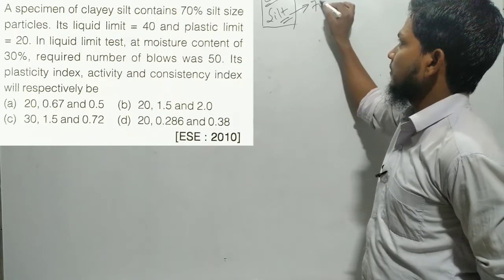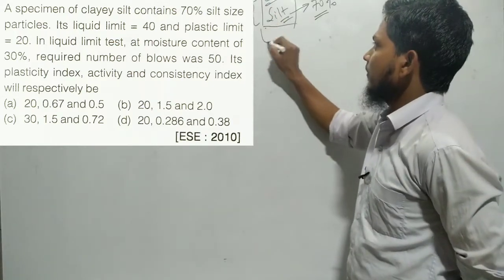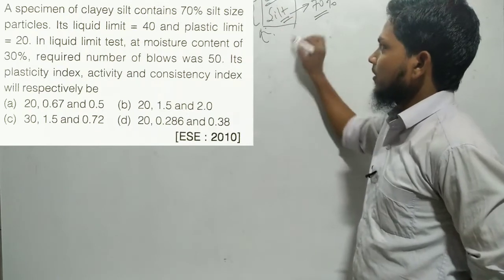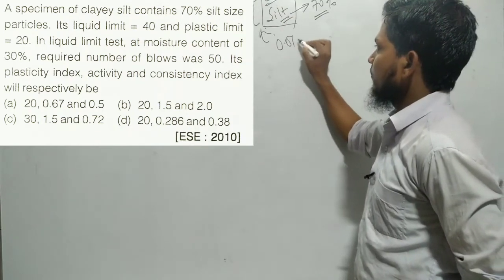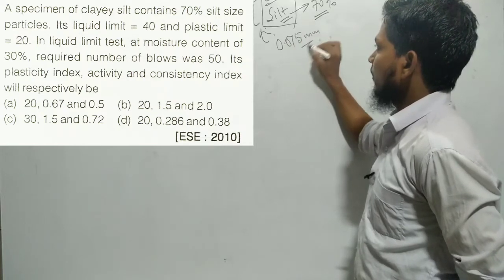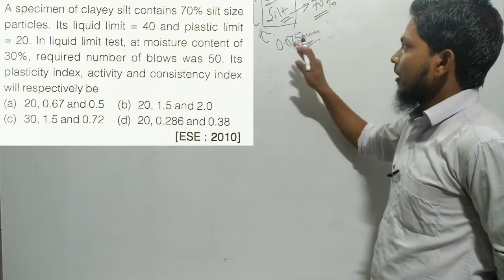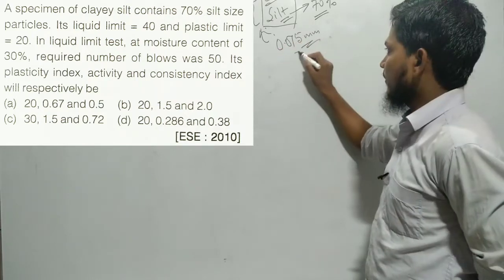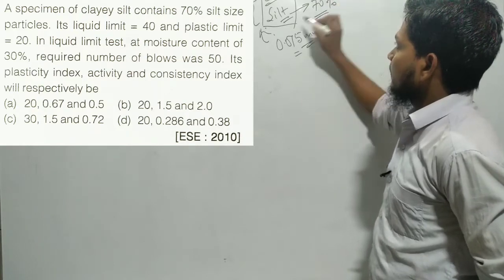Silt size is 70%. These are fine grain, which means all the particles are less than 0.075 mm.